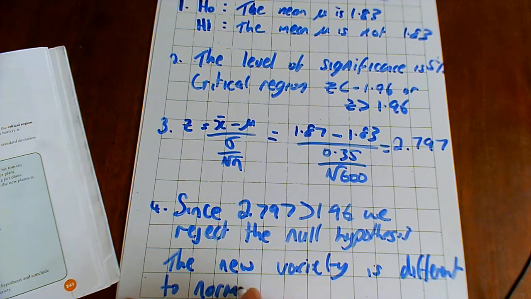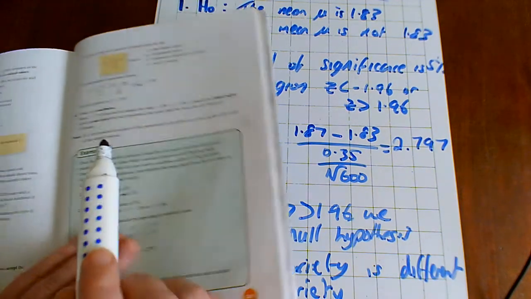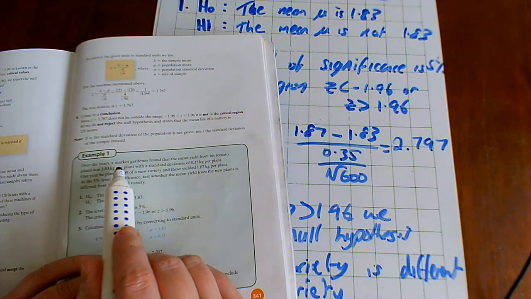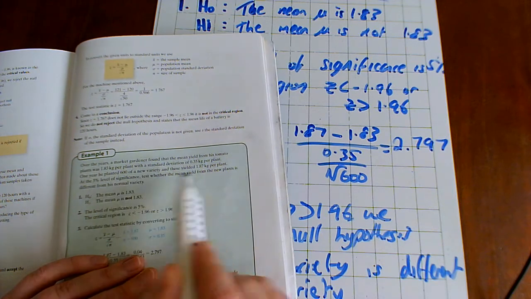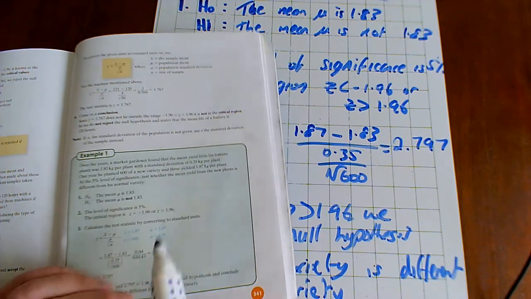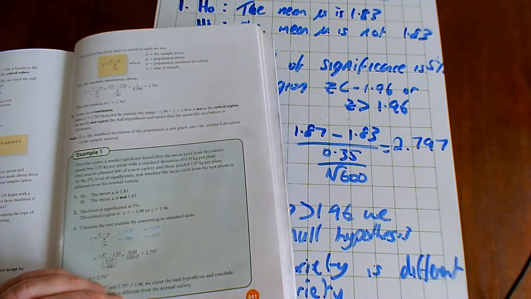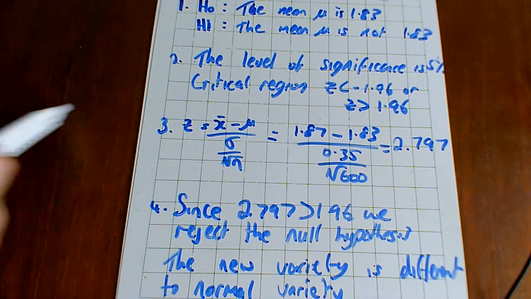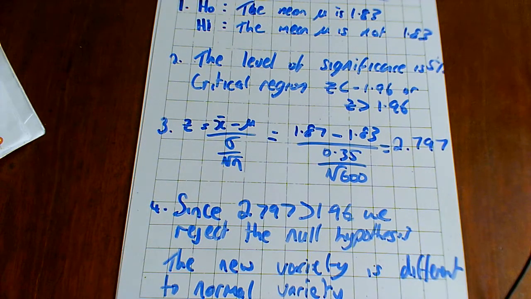And most of the time they'll say we reject the null hypothesis but accept the alternative hypothesis. But if they say in context of the question, you have to go back to the question and say, oh, this was about weight of potatoes, and he says the mean of his older crop was 1.83, but this one has yielded outside the critical region, so we say that it must be different to his old variety.